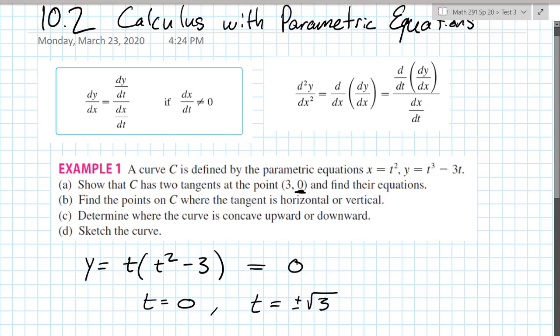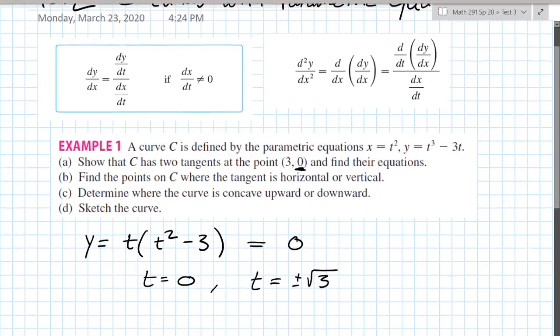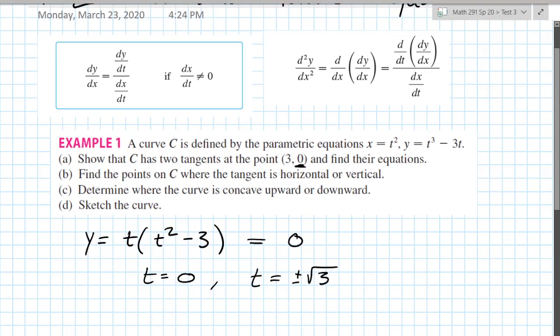If we substitute those back in for x, then x equals 0 when t equals 0, so we don't want that point. And if we substitute the other one back in for x equals t squared, we get positive 3. So that gives us our 2 points when t is plus or minus square root of 3.